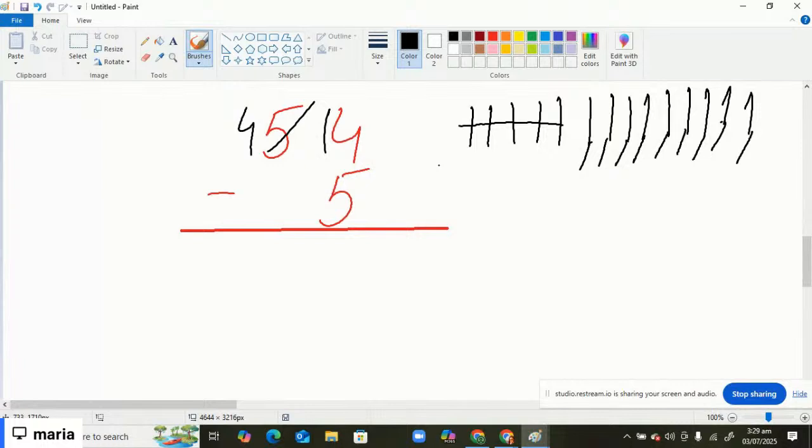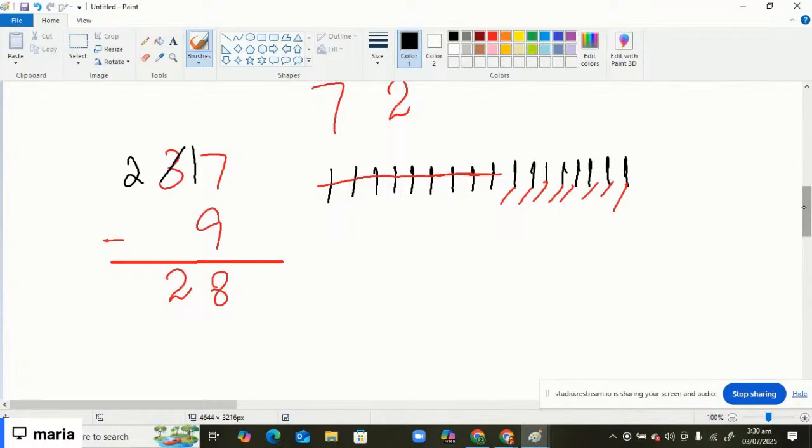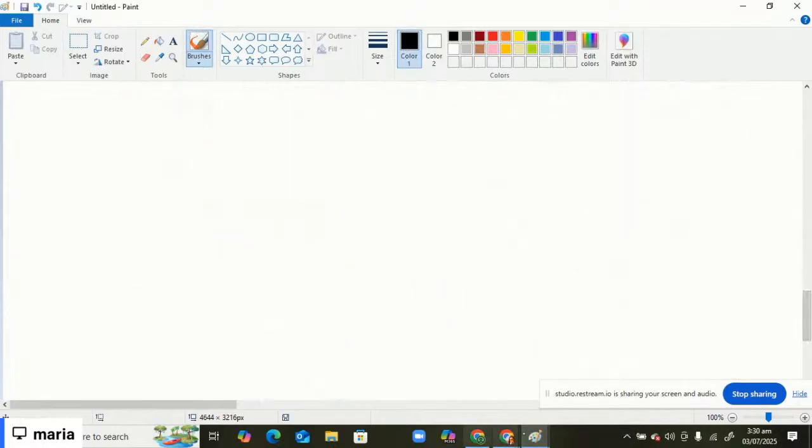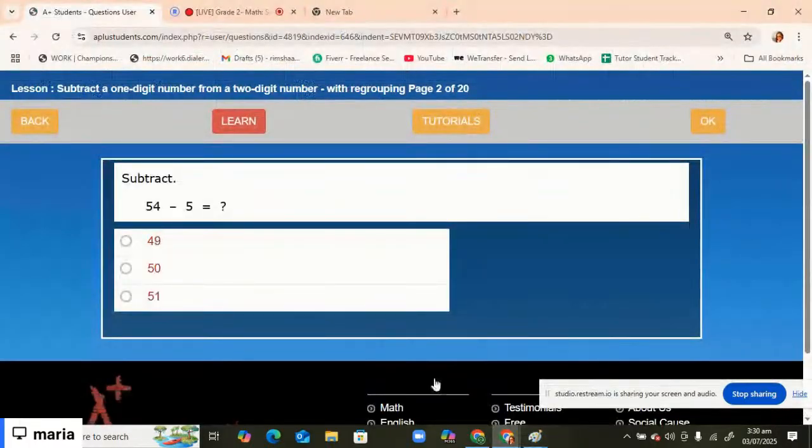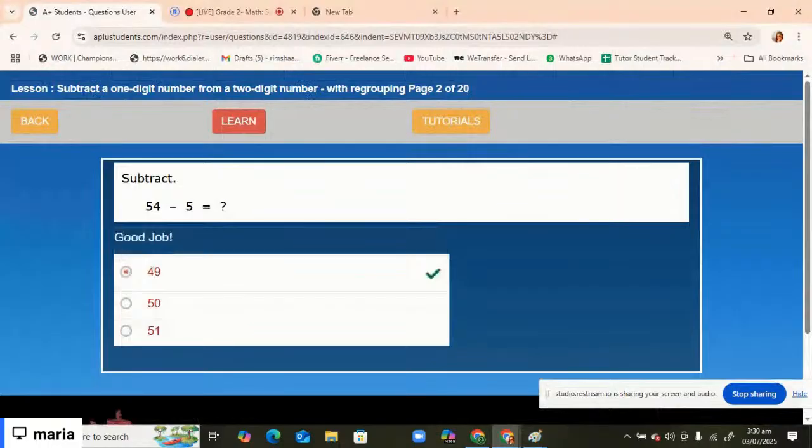And now the 4 as it is. All right, okay, now the answer is 49. Let's check. Yes, it's available here. This is the right answer now.